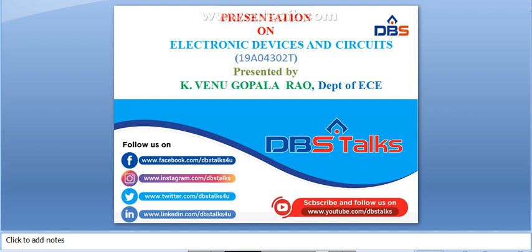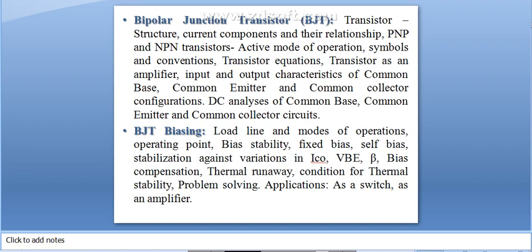Here, you have transistor structure, current components and the relationship, the types of transistors, PNP and NPN transistors, the operation of BJT, and the transistor equations, how the transistor acts as an amplifier, the input and output characteristics of common base, common emitter and common collector configurations, and DC analysis of common base, common emitter and common collector circuits.